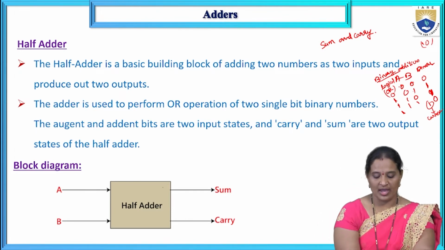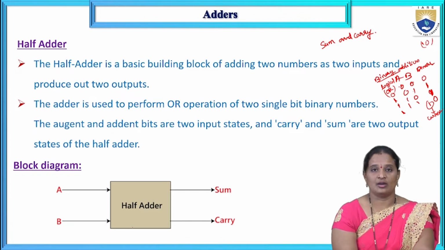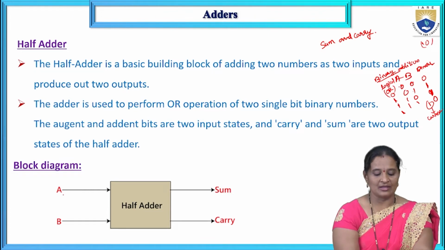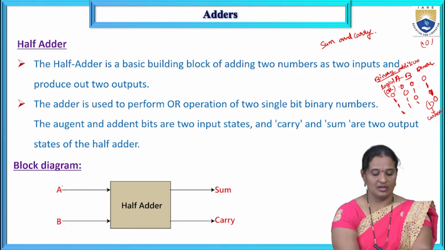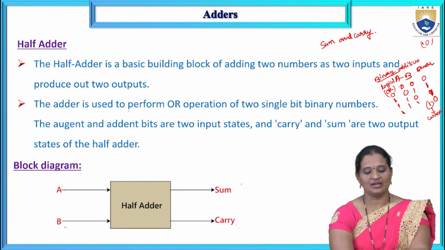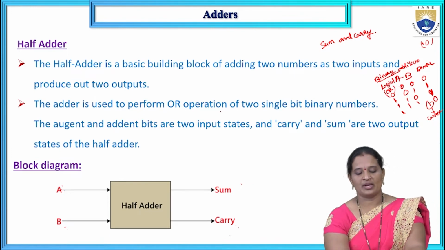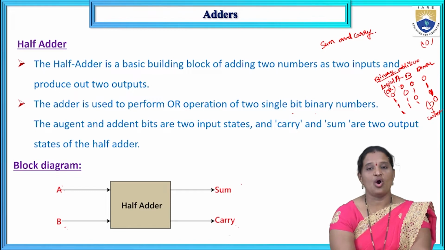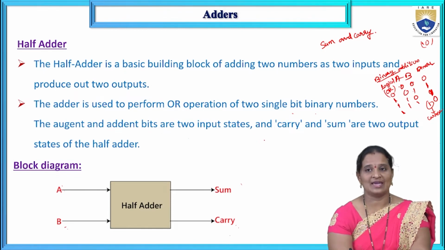This is the block diagram showing the number of inputs and outputs of this circuit. The inputs are denoted by A and B, whereas the outputs are represented as sum and carry, because we have 2 possible outputs. The half adder is used to perform addition of 2 single-bit binary numbers. The augend and addend bits are the 2 input states, and the carry and the sum are the 2 output states.